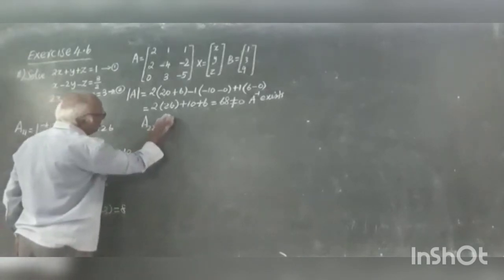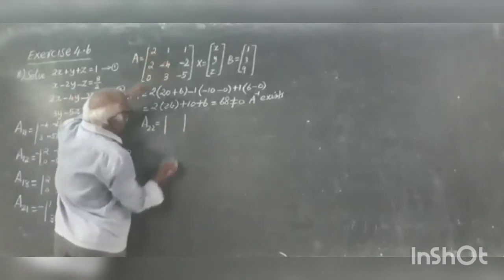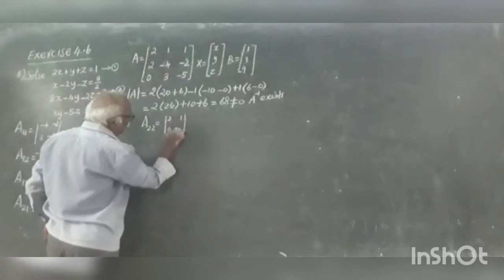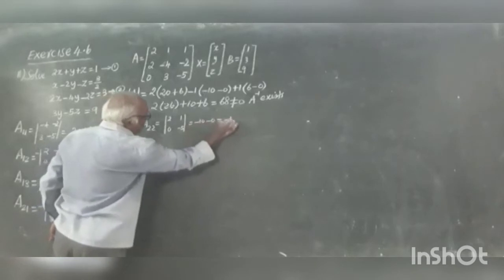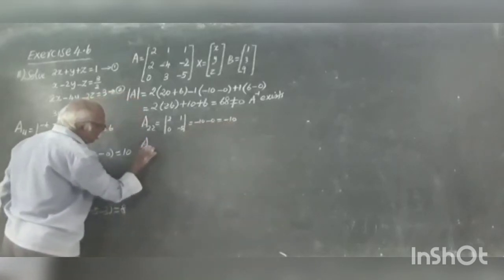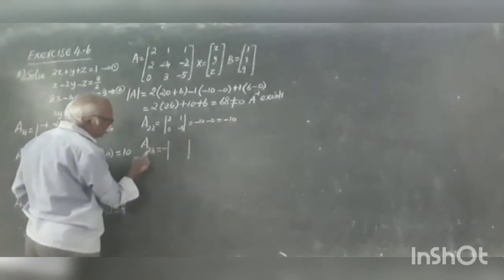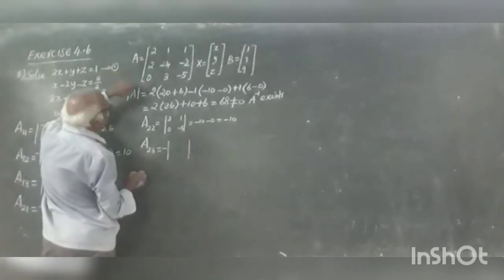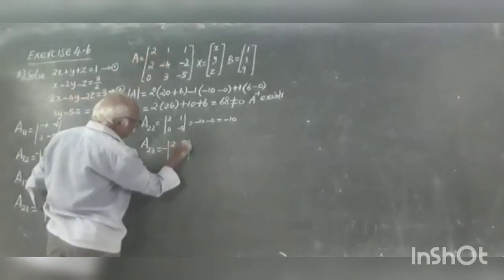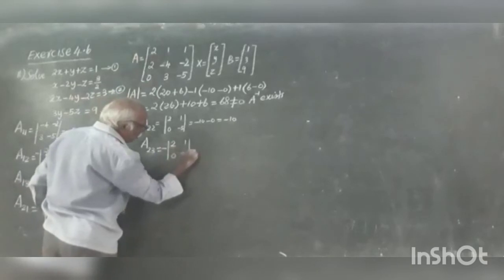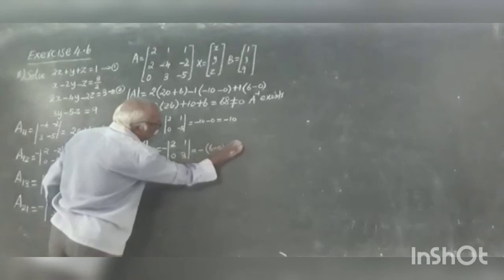A22 is the determinant of 2, 1, 0, minus 5, which is minus 10 minus 0, minus 10. A23 is negative, the determinant of 2, 1, 0, 3, which is minus of 6 minus 0, minus 6.